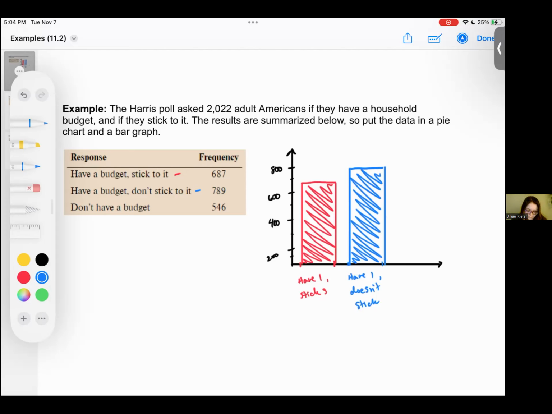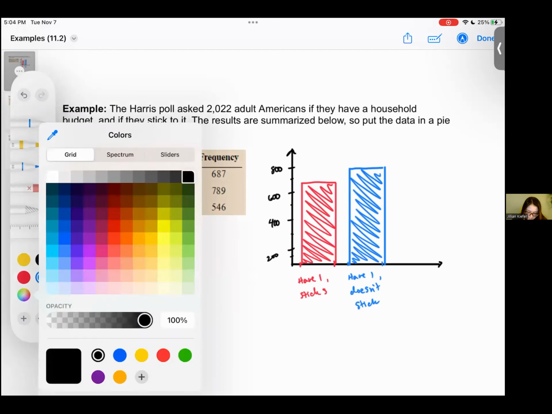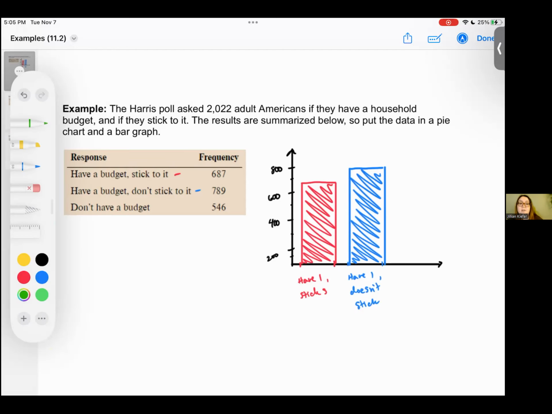Then for our last one, we have that we don't have a budget at all. That one will be in green. So don't have a budget at all is 546. So pretty much a little less than 600, probably halfway between 500 and 600.